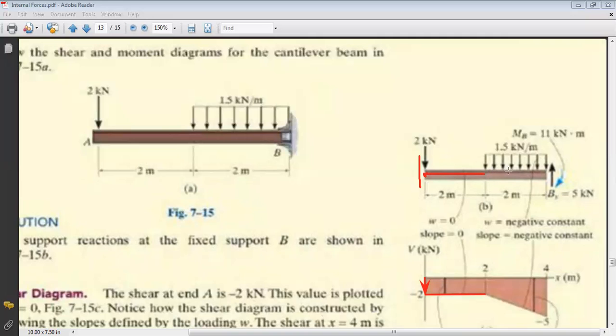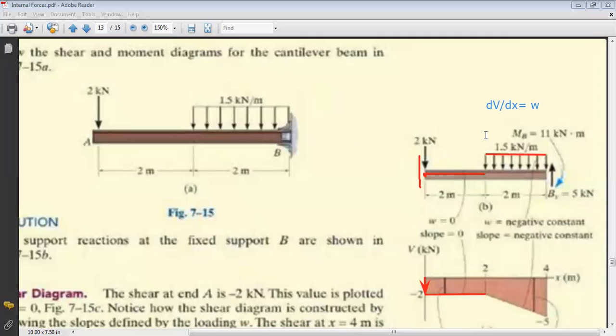Now, when I start the distributed load, what will happen? We have seen together the following property, that dV/dx is equal to W. This means that W represents the slope of V. Now, since in this part W is a constant, what is W here? It's a constant negative because the distributed load is downward.